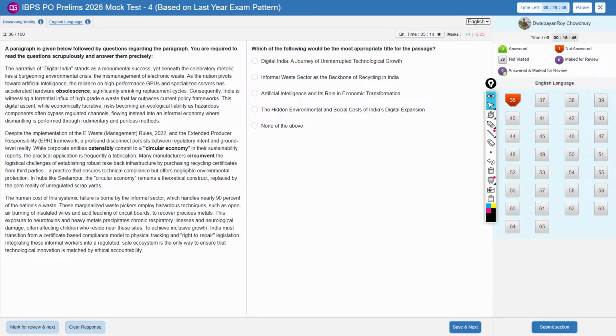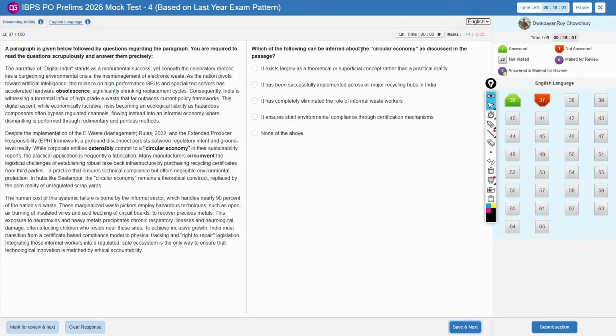To achieve inclusive growth, India must transition from a certificate-based compliance model to physical tech tracking and right-to-repair legislation. Integrating these informal workers into a regulated, safe ecosystem is the only way to ensure that technological innovation is matched by ethical accountability.